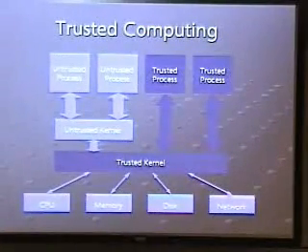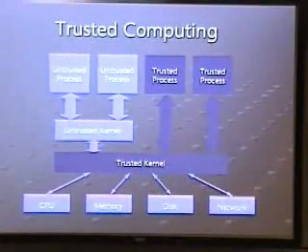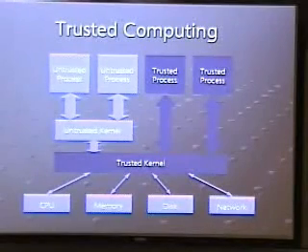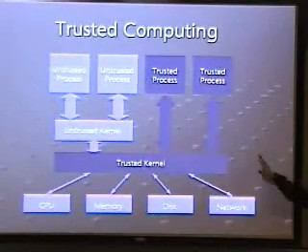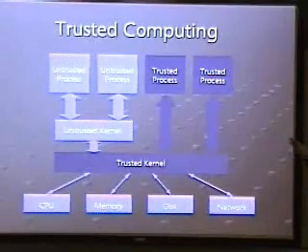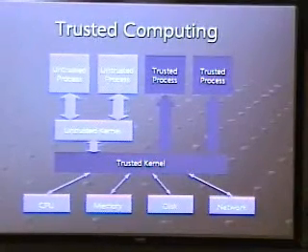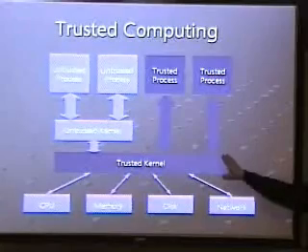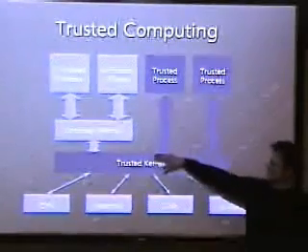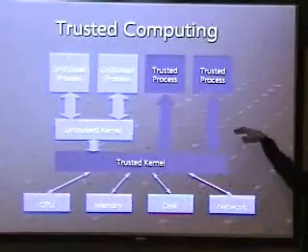So coming to trusted computing, there are several ideas on how we can actually use trusted computing to improve the situation. We have this thing between untrusted processes and trusted processes, and this is basically the architecture how I assume trusted computing is going to be. There's a small trusted kernel that can be easily verified, and there's an untrusted kernel that sits on top of the trusted kernel.